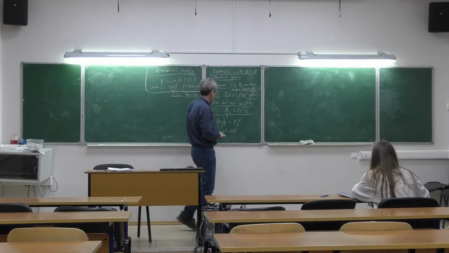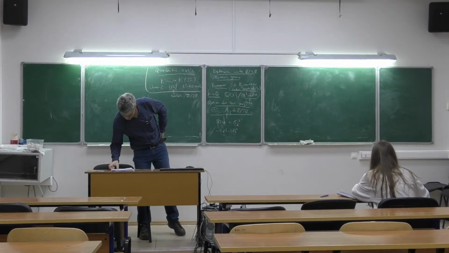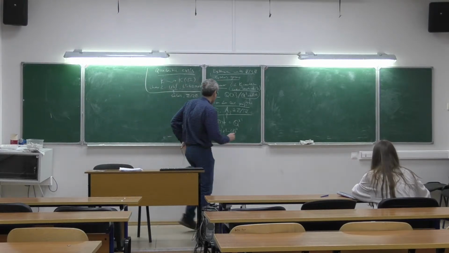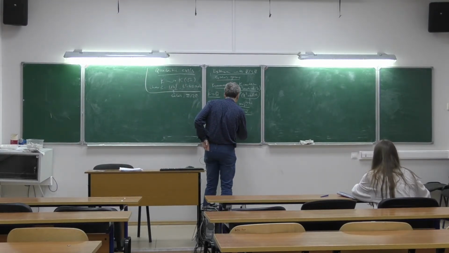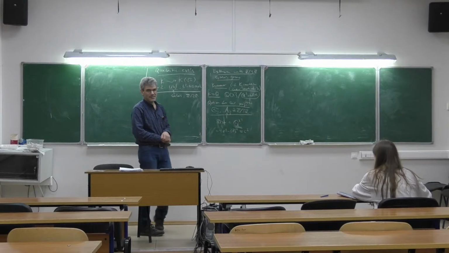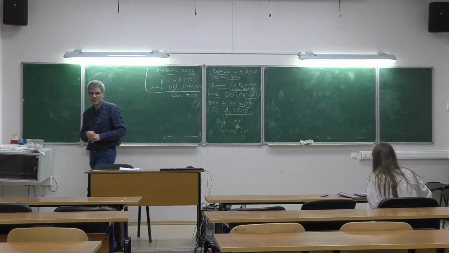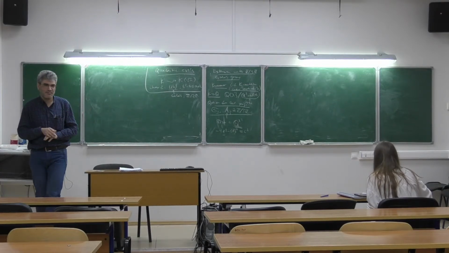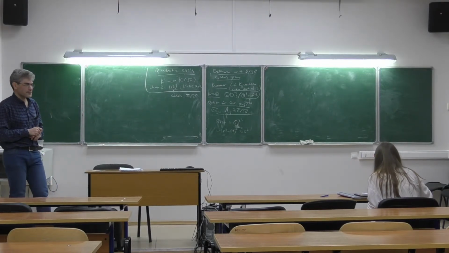But what do we want? We want this to be a square. Can you find all rational solutions of this? You see, we have three variables and only one equation.